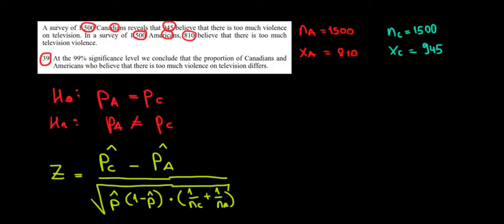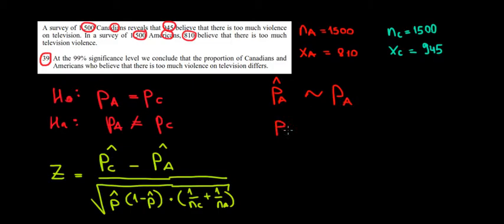Now, why do we do this test? What we're testing here is whether the proportion of Canadians differs significantly from the proportion of Americans based on our sample data, because the proportion in our sample is going to be an estimate of the proportion of Americans that believe there's too much violence on TV in the entire population.